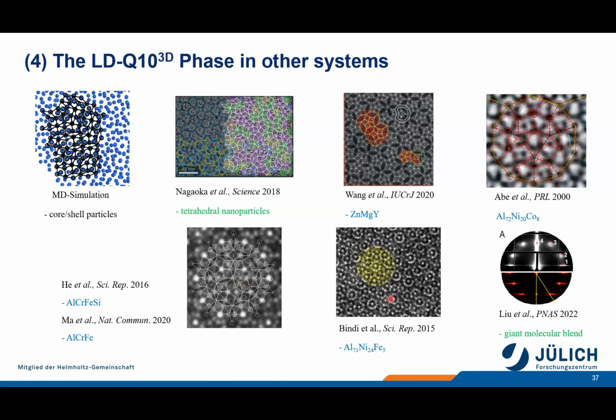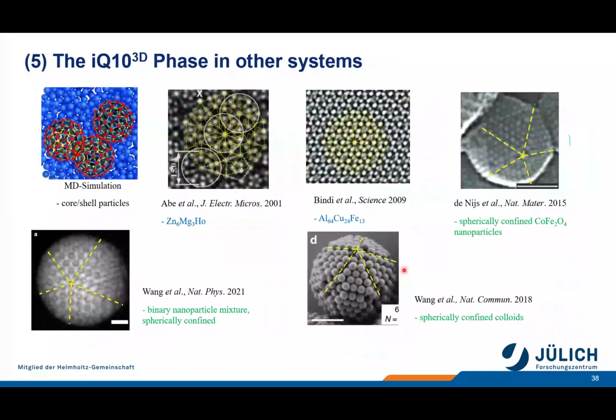And this is a naturally occurring quasicrystal discovered by Bindi, which I will come back to at the end. And this is a giant molecular blend where they also recorded decagonal quasicrystals. So also here, the same thing: simple MD simulation with core shell particles, non-metallic systems, meaning nanoparticles and just big molecules, or just metal alloys, all the same thing.